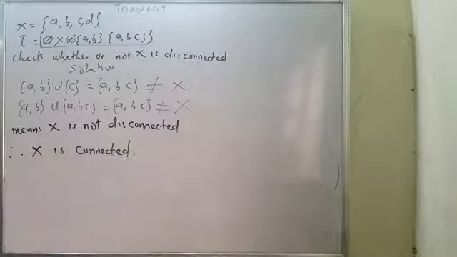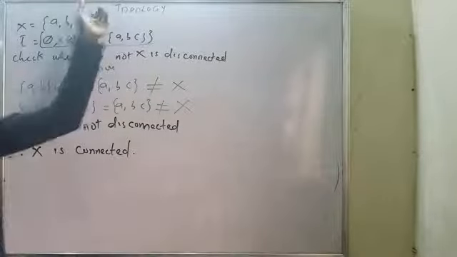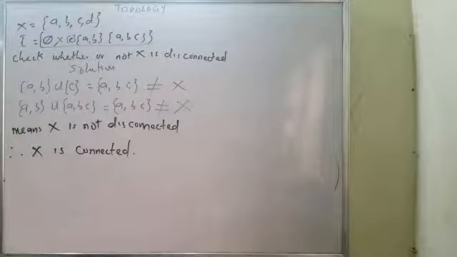X is connected. Because number one, I've checked for the union. The union is not giving me X back. Assuming the union gave me X, that would make me proceed to their intersection.